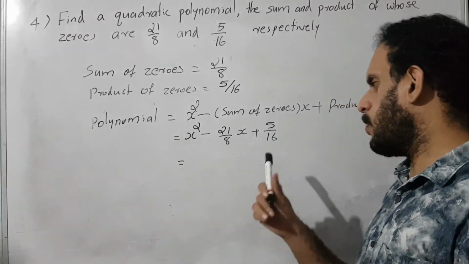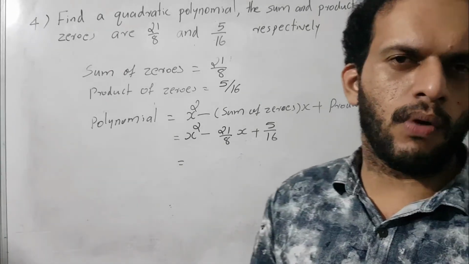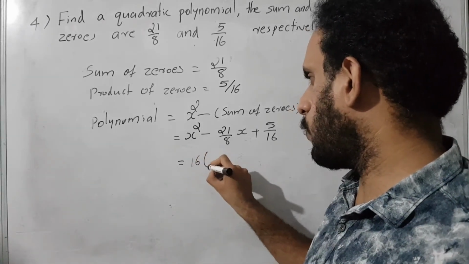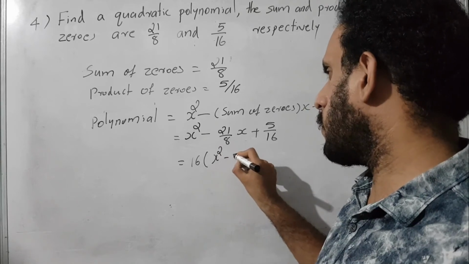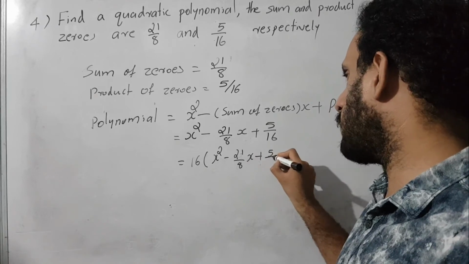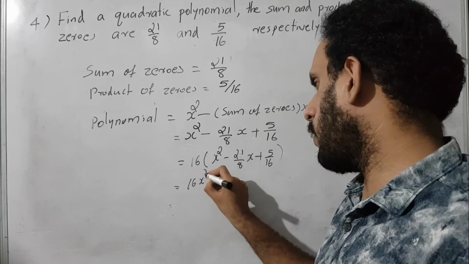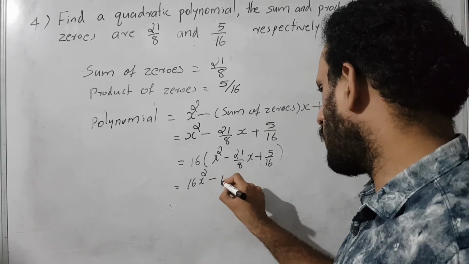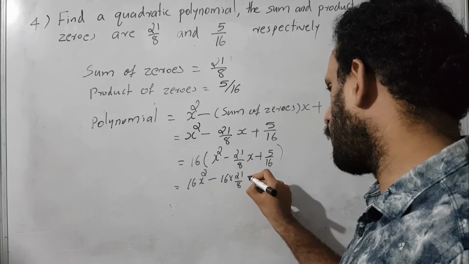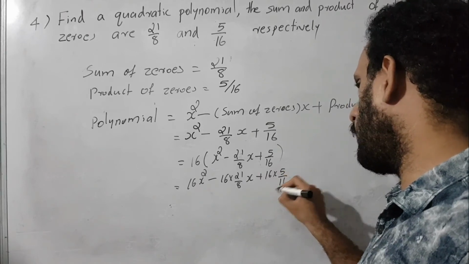So here we need to multiply this polynomial by 16 because 16 is the bigger one. So what is next? Is equal to 16 into x square minus 21 by 8 into x plus 5 by 16, is equal to 16x square minus 16 into 21 by 8 into x plus 16 into 5 by 16.